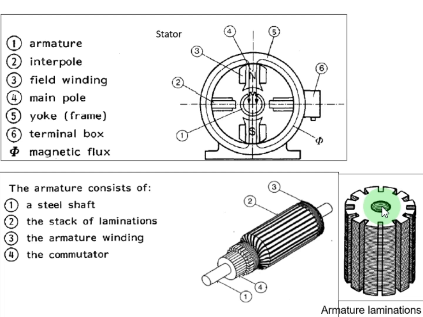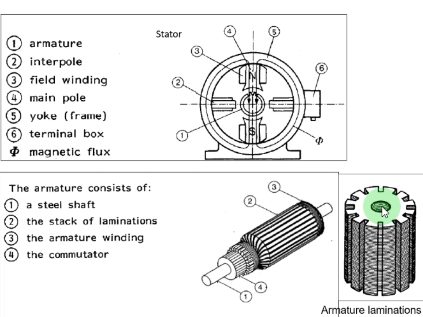But instead of using laminations, if you use solid iron as the core, then you know the eddy current losses will be very high, and the core will get heated up, and there will be a lot of power loss as well. To prevent that, it has been laminated, right?